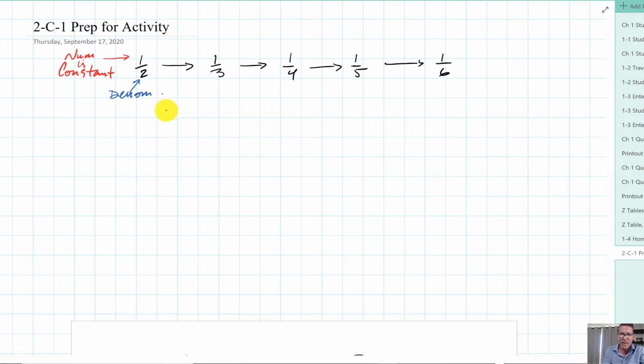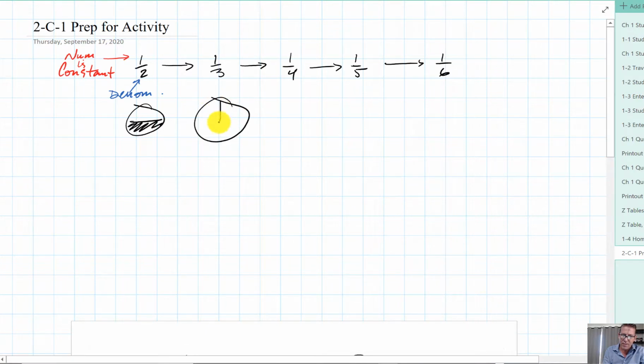So to fully understand that, let's just draw some simple pictures. Let's suppose we have a circle. Pretend that's a perfect circle here, and let's shade in half. So that is a representation of what it means to be a half. Let's take a look at the fraction size of this when you draw them. So draw a circle, shade in 1 part out of 3. That represents 1/3. 1/4, divided into 4 equal parts, shade in 1/4.